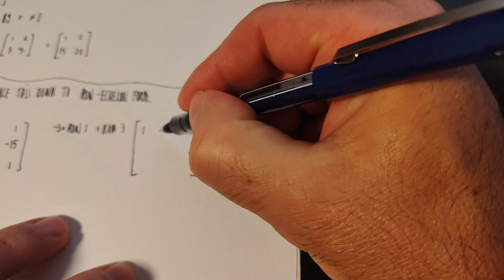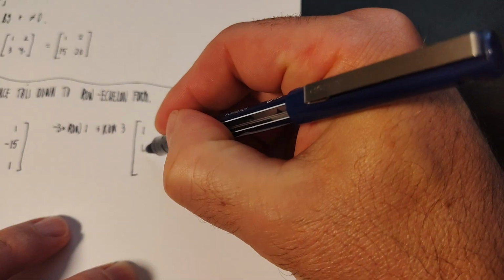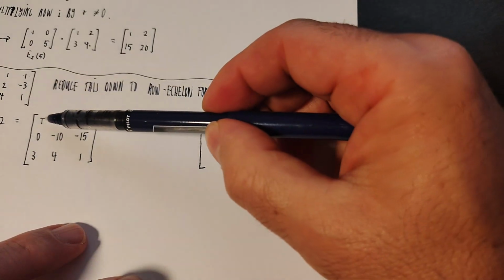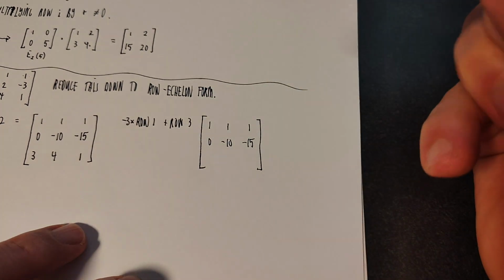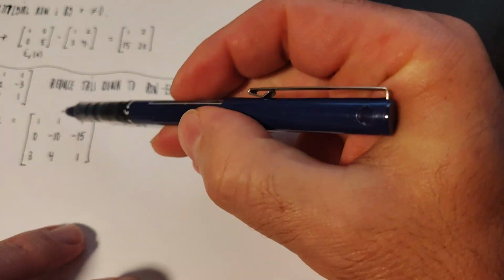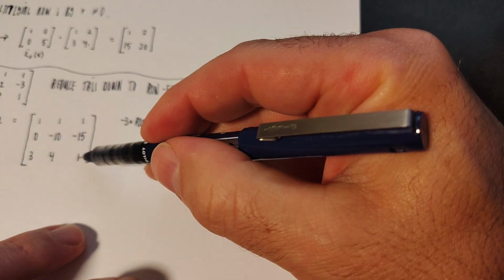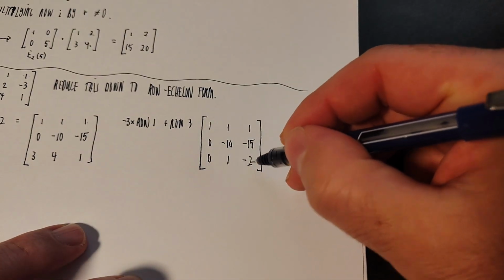Well, we're going to have 1, 1, 1. We have 0, negative 10, negative 15. And then let's go back to this matrix here. Negative 3 plus 3 is 0. Negative 3 plus 4 is 1. And negative 3 plus 1 is negative 2. Okay?